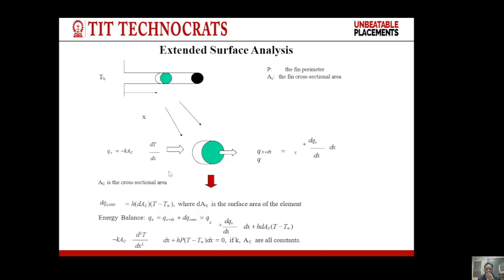By applying the energy balance for this small element of length dx and area of cross section Ac, the small element heat transfer rate will be given by this formula.